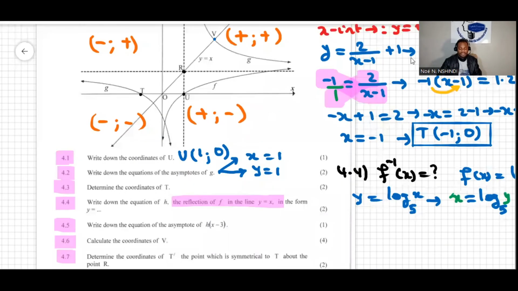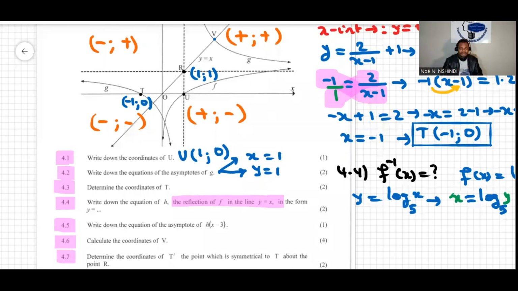First of all, earlier we did find that t was -1, so we have the point -1, 0 here, and then r being at the intersection of the asymptotes. This is just the point 1, 1. Now, we need to find another point, t prime, which will be symmetrical to t about the point r.